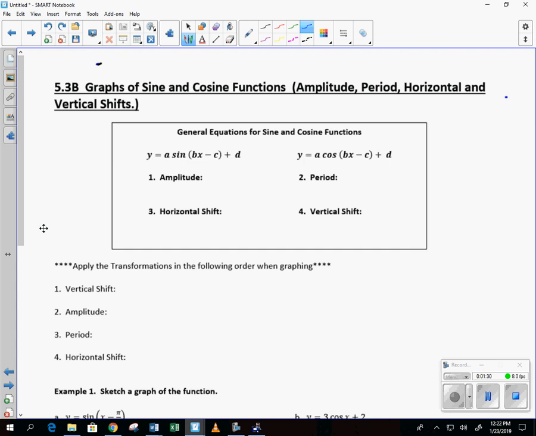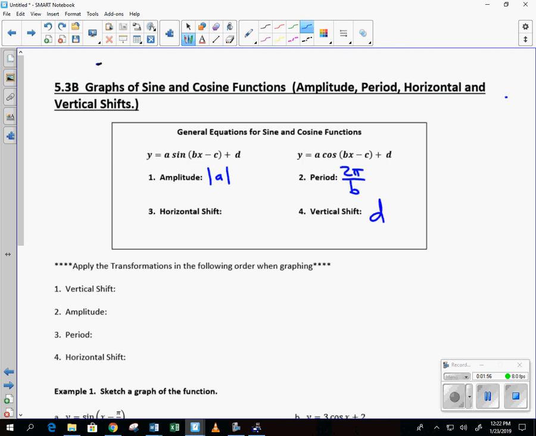So, amplitude is the absolute value of A. The period is 2 pi divided by b. Those do not change. But if you have a function of the form y is equal to a sine of bx minus c plus d, or y is equal to a cosine of bx minus c plus d, the vertical shift is just d.